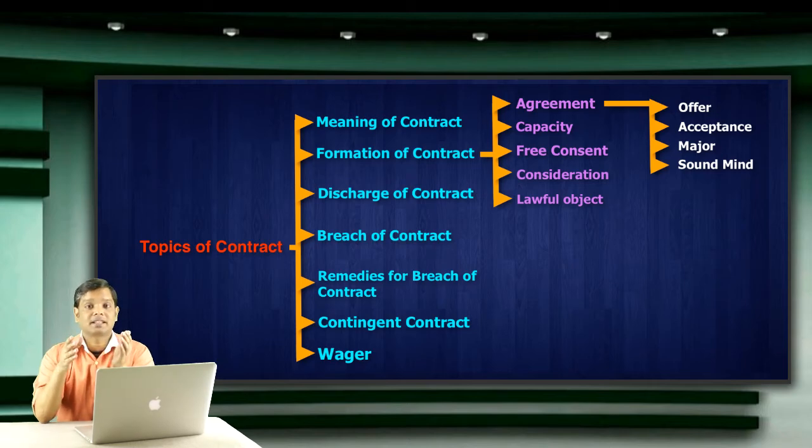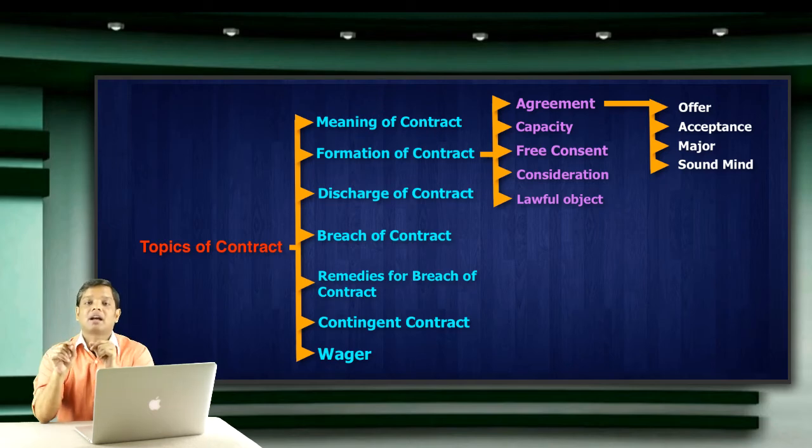The second one is acceptance, meaning if I am offering that I am selling my car, or basically a proposal, and if you are interested in buying that, then you are accepting that. So first the offer that I am giving you, or proposal, either word you can use, and then you are accepting, that is acceptance, and then major, that you must be major.